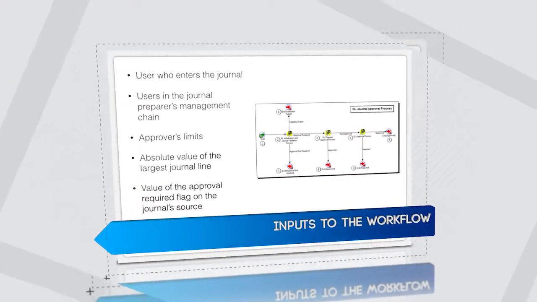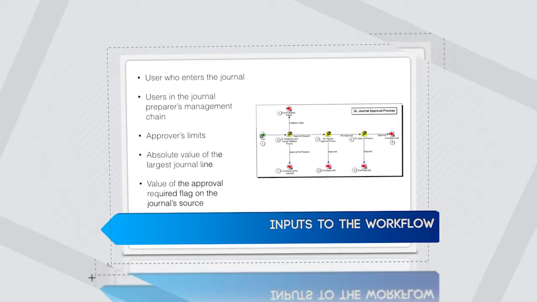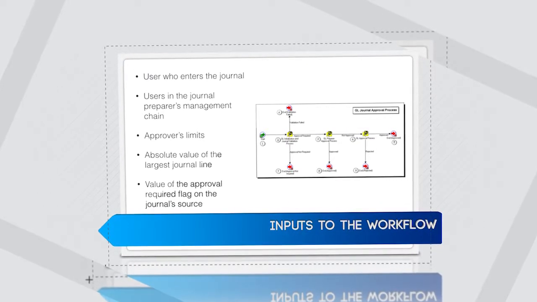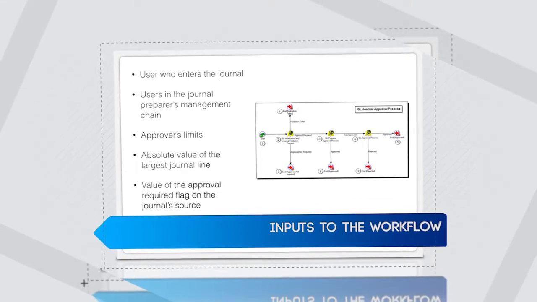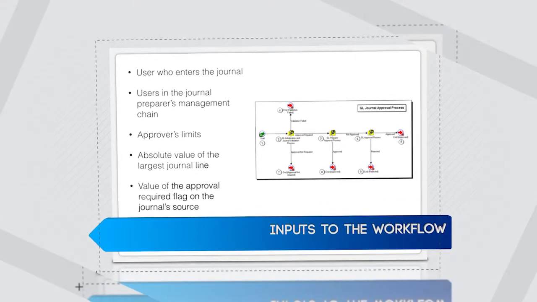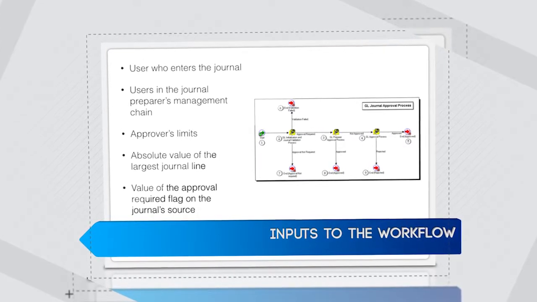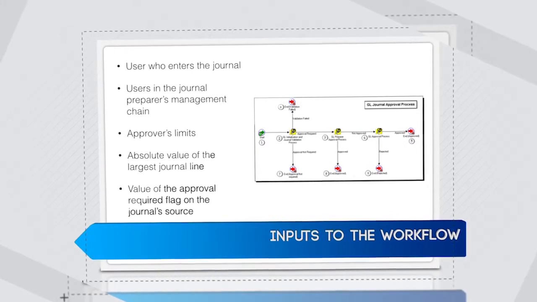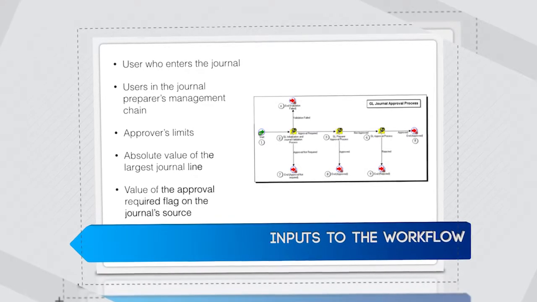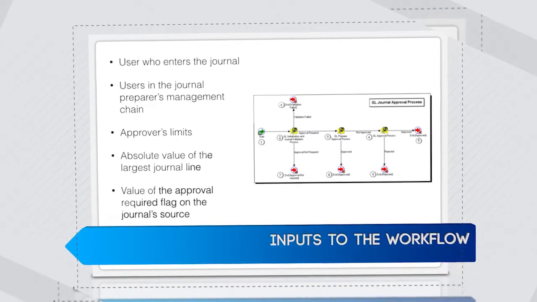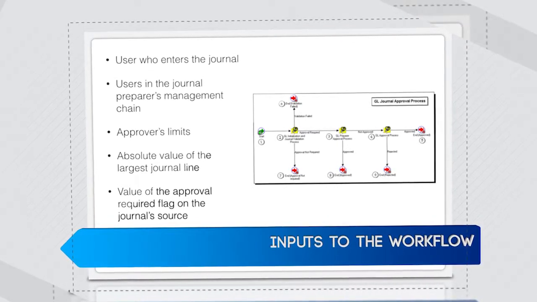So for the inputs of the workflow, we're looking at who's preparing the journal entry, what's the username, and that username is attached to an employee, so that's how it links in who's the preparer, and then it uses the employee record to figure out who's the employee's supervisor and the director and all the way up the management chain.